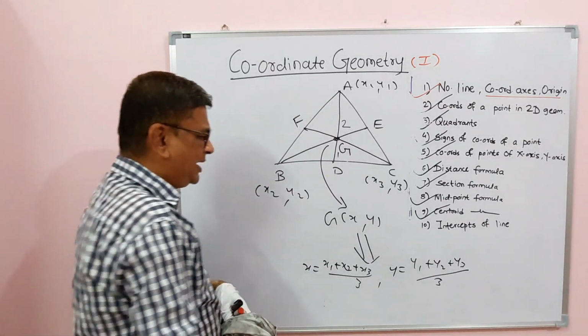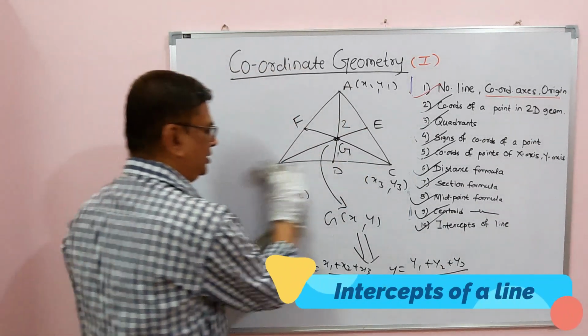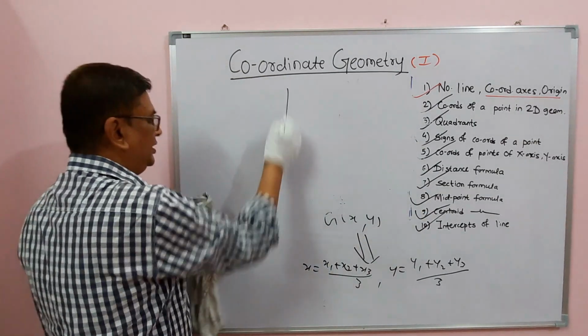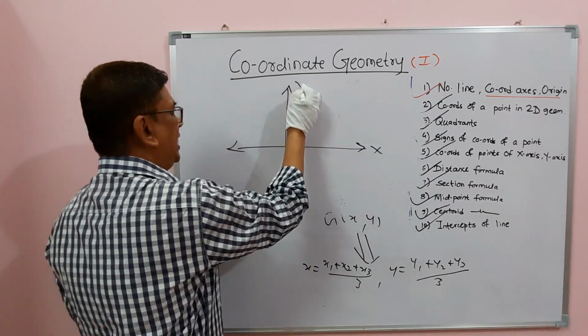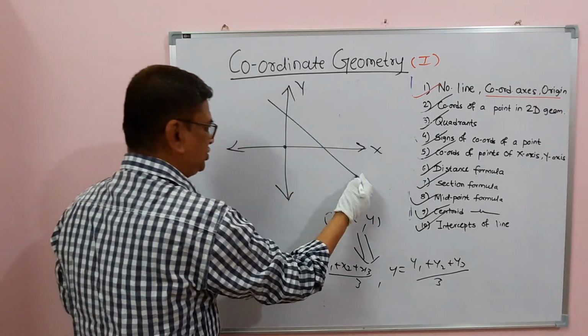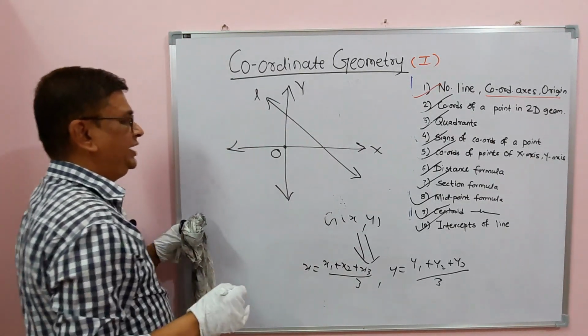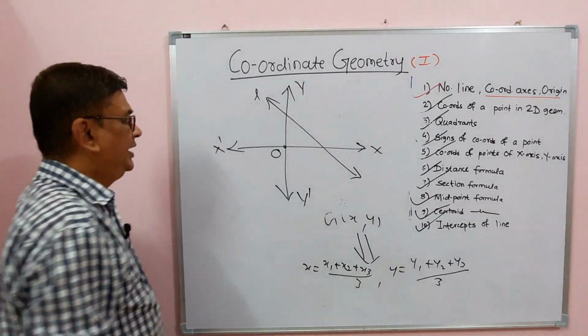And then the last part that we see, intercepts of a line. What do you mean by intercepts of a line? For that we consider a diagram in which a straight line is drawn. Suppose this is the straight line L. As you look here, O is the origin, with the x-axis, negative x-axis, negative y-axis, all here.